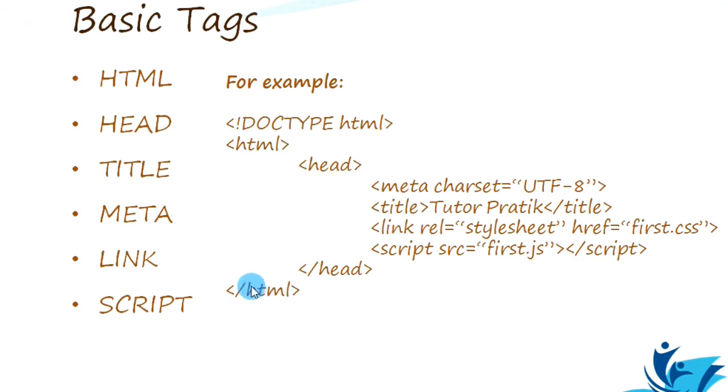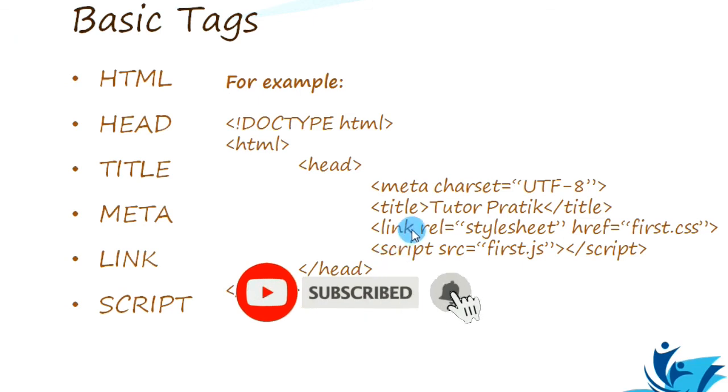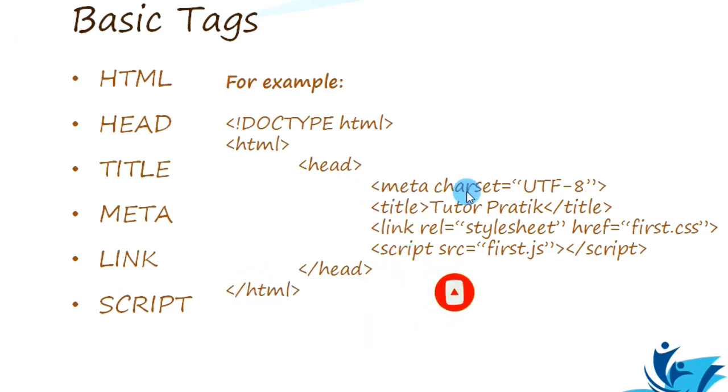This is the main container of our HTML coding. After that we have the head. The head consists of the following: title, meta, link, and script tags. Meta tags are used for various purposes. Like this meta tag with UTF-8 is a must-use meta tag, which supports a lot of alphabets.